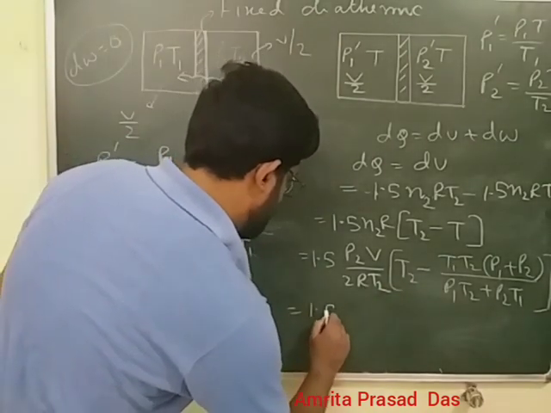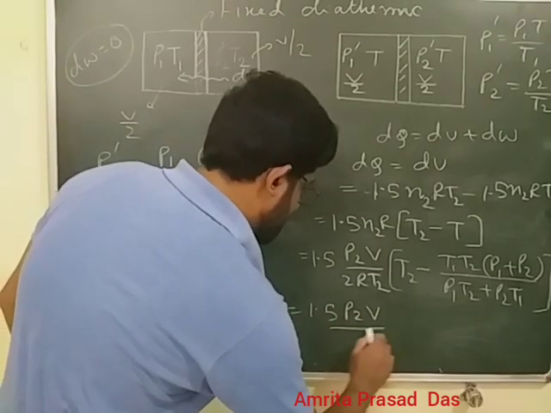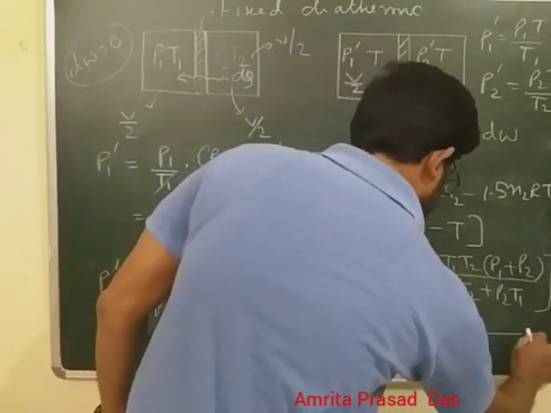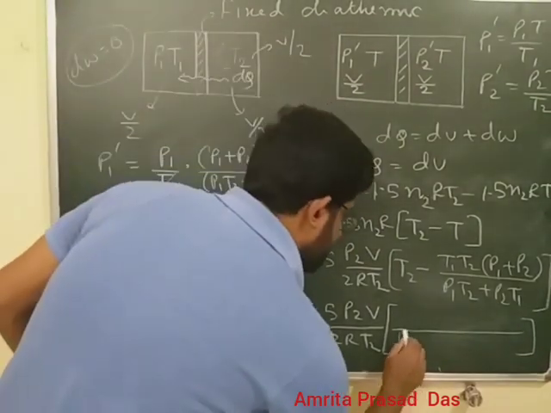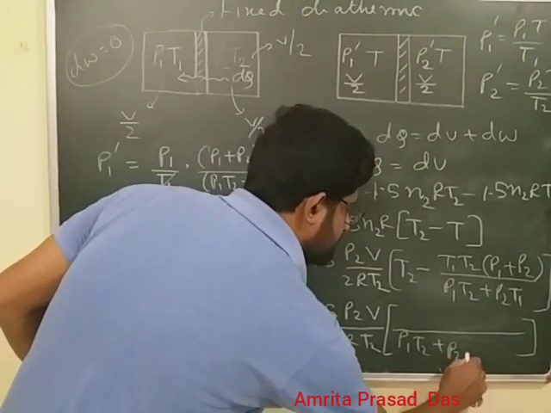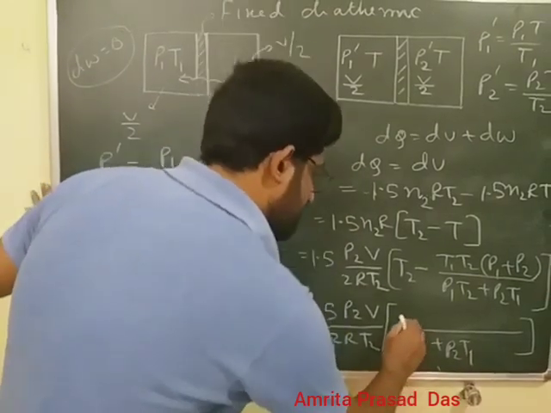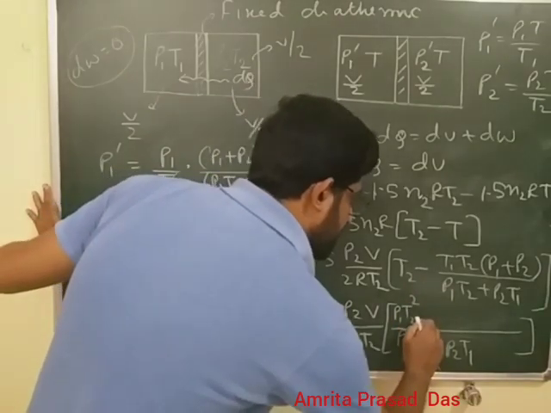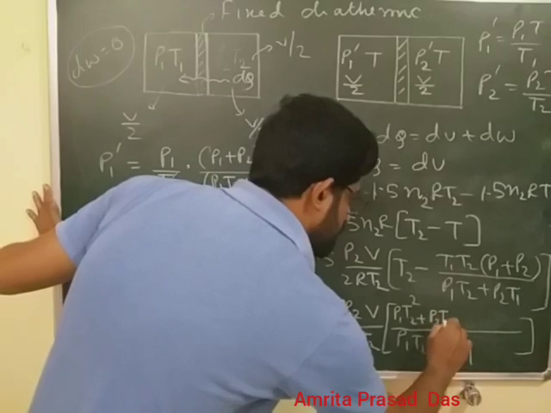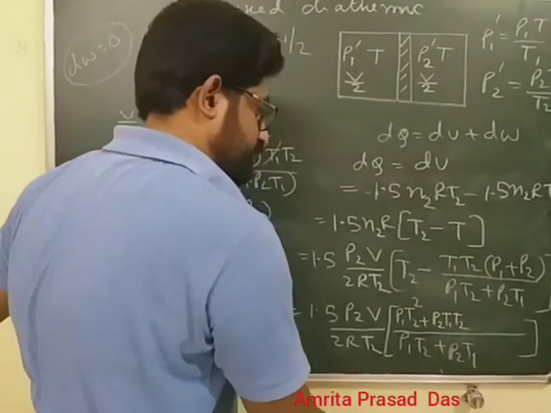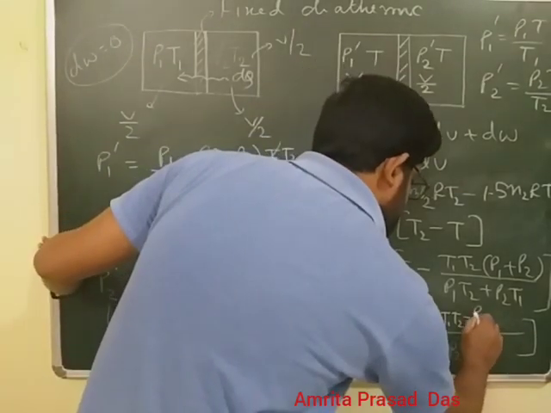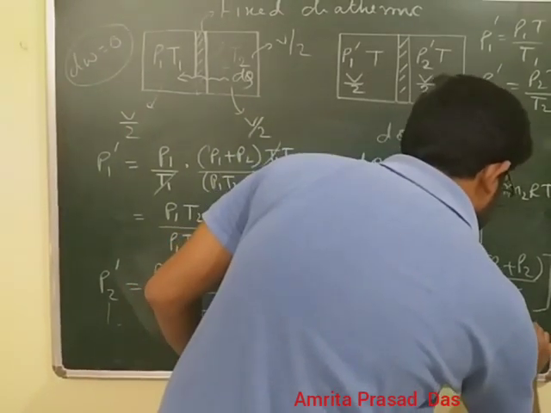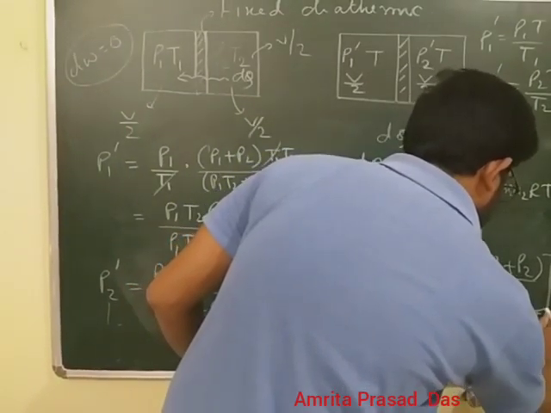This is equal to 1.5 P2 V by 2R T2 into [P1 T2 square plus P2 T1 T2 minus P1 T1 T2 minus P2 T1 T2] over (P1 T2 plus P2 T1).